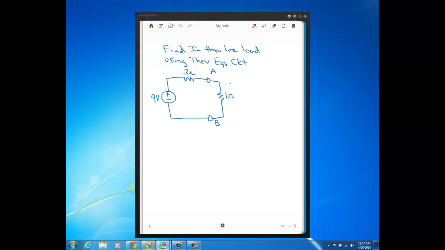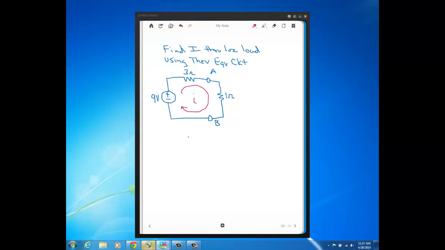Now to find the current through the load, the 1 ohm resistor, using the equivalent circuit, I connect the 1 ohm resistor between nodes A, B of the equivalent circuit, and all I have to do is find the current flowing in the series circuit, which is the current through the 1 ohm load.